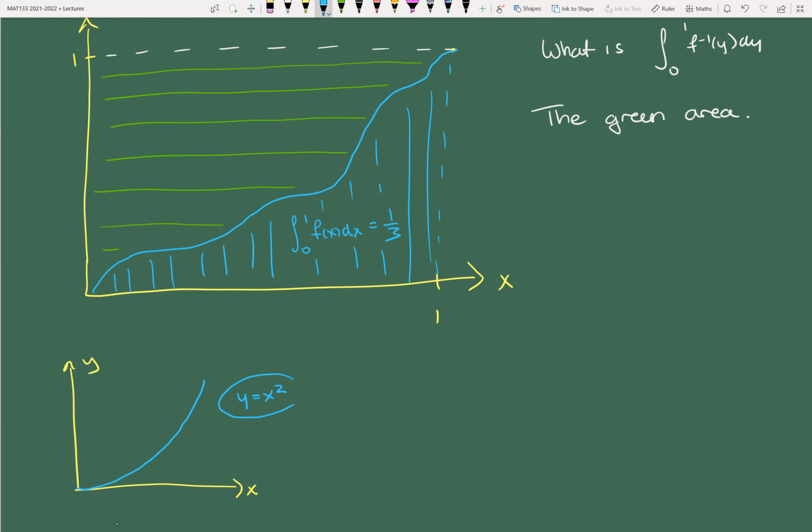If I want to view this from the side, like turn my head to the side, what I'm trying to do is write it as a function of x instead. So instead of y equal to x squared, I'm trying to say x is equal to something. If I solve for x, I get the square root of y. Do you agree? Notice that that's the inverse function to x squared.